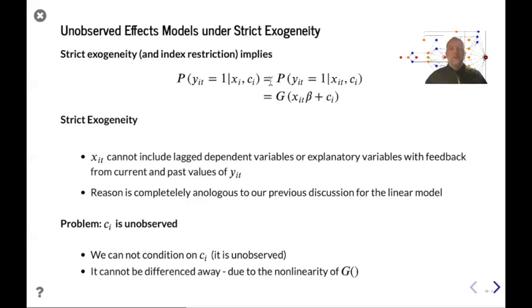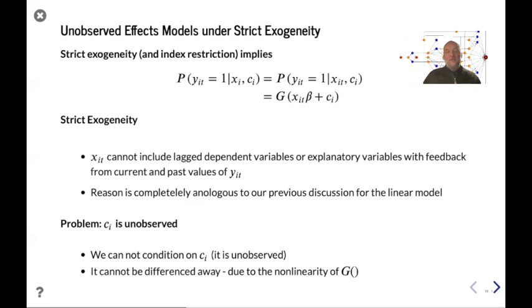Now, this is our model. The problem is we can't just do a probit with this c_i inside, because we don't observe it. Had we observed c_i, we could just include it as another explanatory variable together with the x's, run a probit, and we'd be fine.